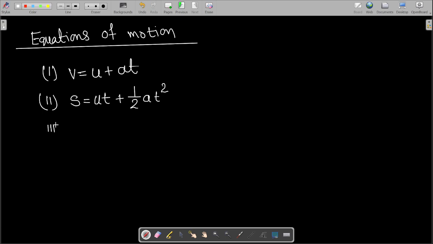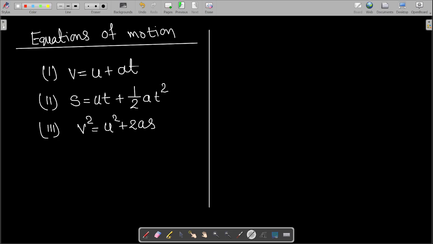And the third one, most popular, v square is equal to u square plus 2as. So what are the terms used here? v, t, a, s. What are they? Let me explain this to you.